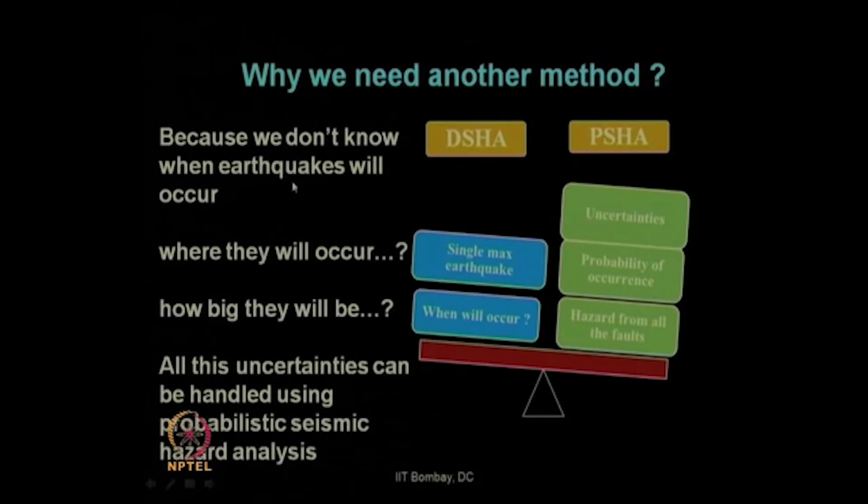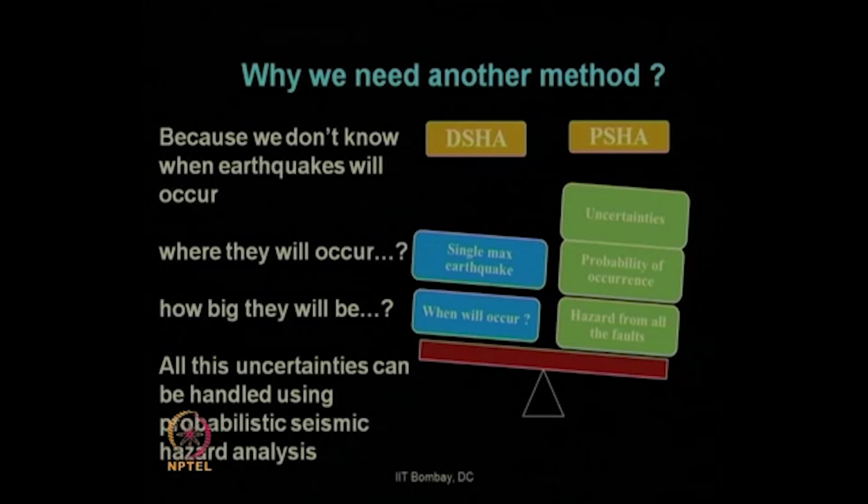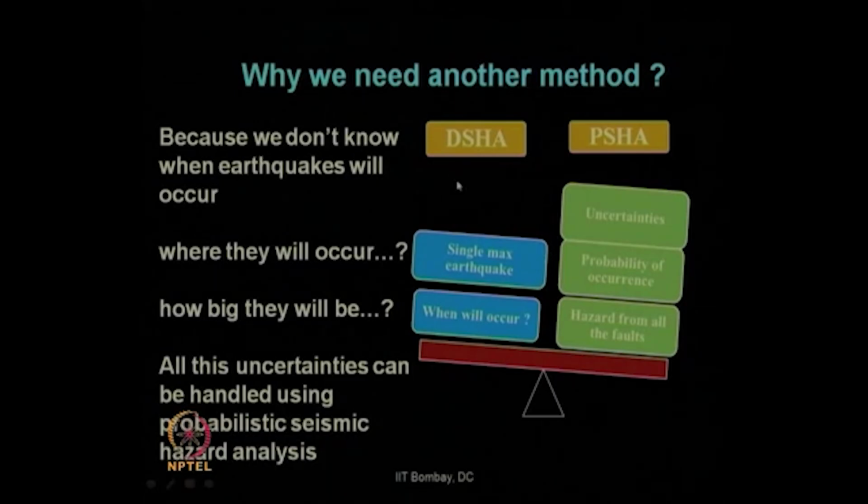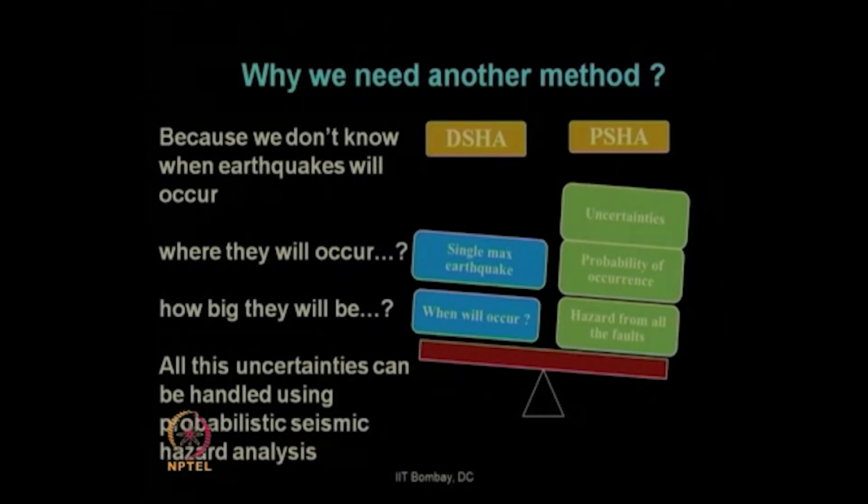Also, if you go 200, 300 years back in earthquake history, many data may not be that reliable, mostly based on the experience of the people, how they felt the earthquake, if it was recorded at all. Also, where they will occur: it is not necessary that along a long fault the hypocenter will occur at every point, as we considered in deterministic seismic hazard analysis, with an equal chance for all points on the source.